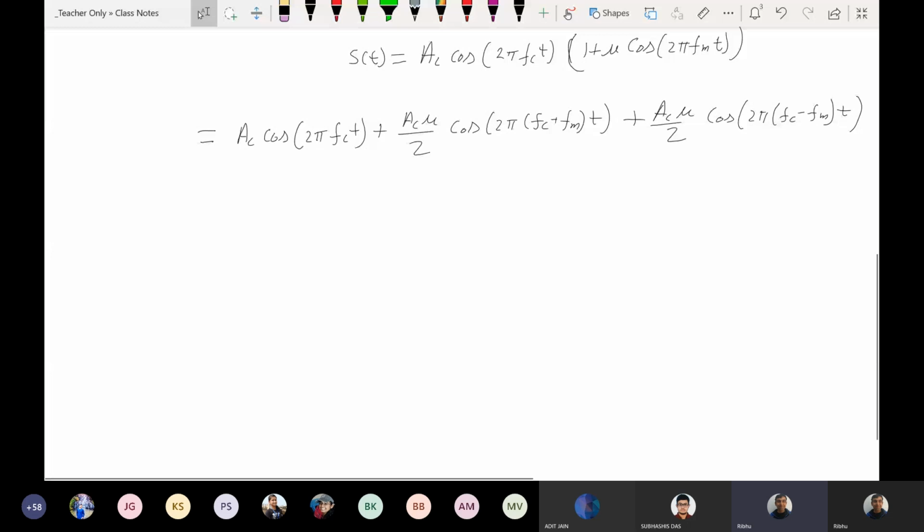So you know how to calculate the total power of this thing, right? So let PS be the power, then who will tell me the power?